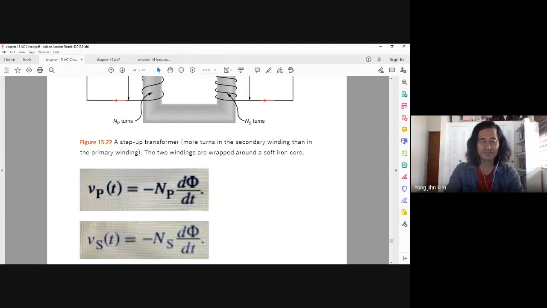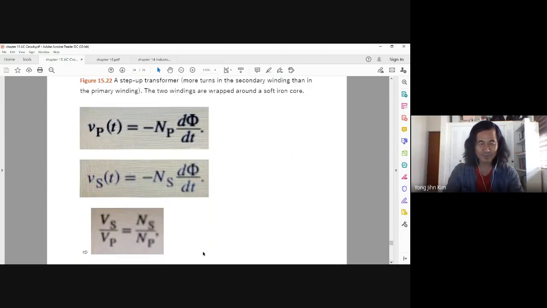Okay? And this flux is the same. So this flux change and this flux are the same. So from these equations, you can see that Vs over Ns is equal to Vp over Np.